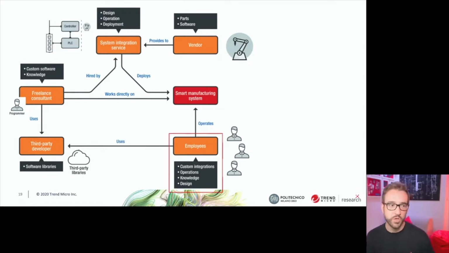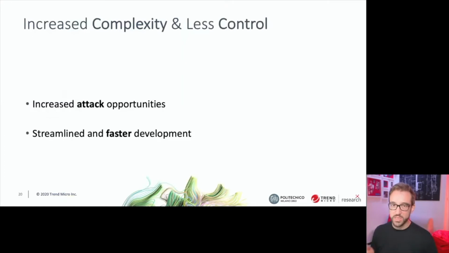And according to some interviews that we have conducted, they also develop software as well. So we can see immediately that the complexity of the software supply chain, the software development lifecycle, is quite high.